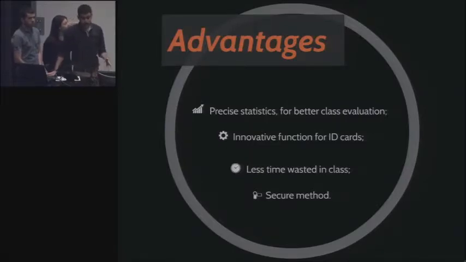Then it doesn't use any extra materials. It just uses the ID cards of the students, but it provides an extra functionality to it. And it provides also less time wasted in class, because the teacher doesn't have to check that the students are in class. And above all, it is a more secure method than the ordinary checking procedure.